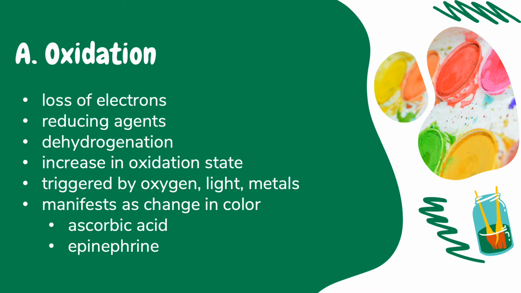Examples of drugs prone to oxidation are ascorbic acid and epinephrine. This can be managed by protecting our drug from oxygen and light, or we can add antioxidants. We have to keep oxidizing agents and reducing agents away from each other to prevent explosion.